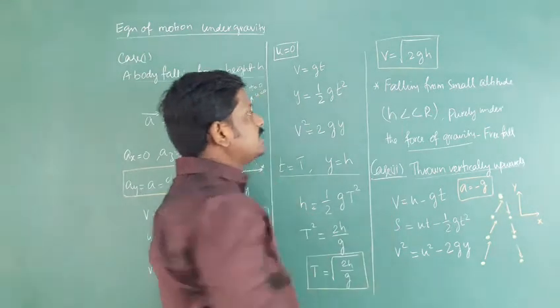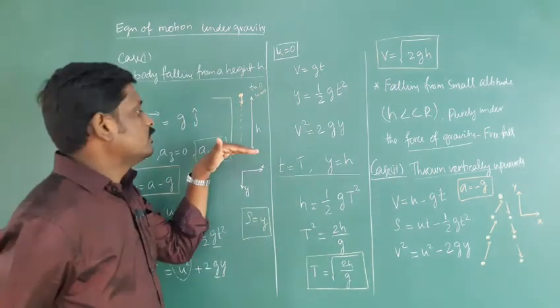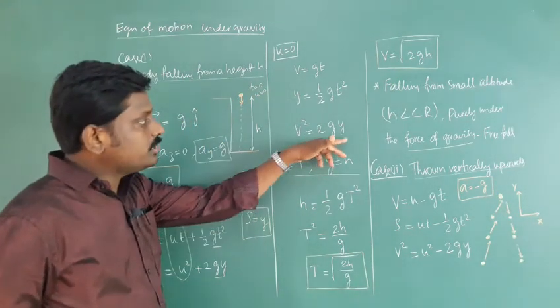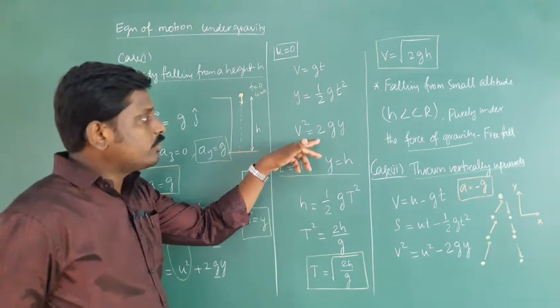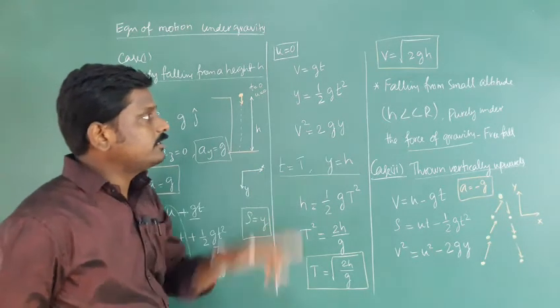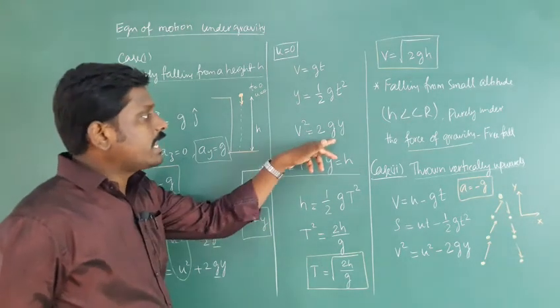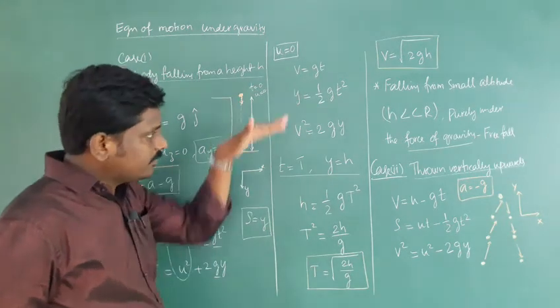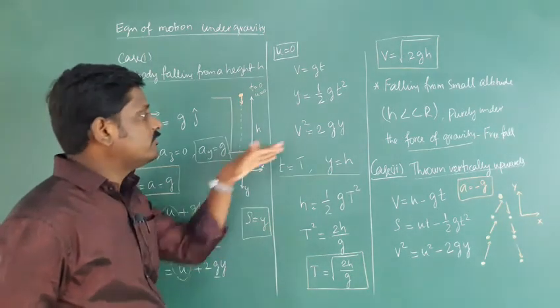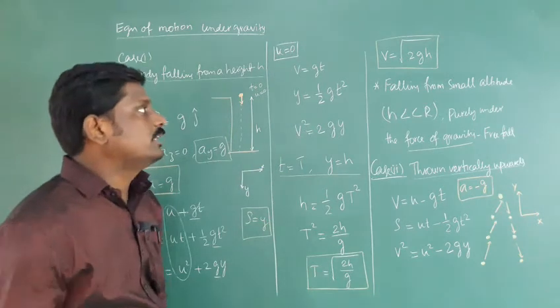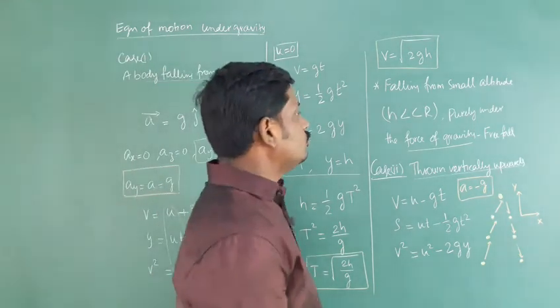Then at what velocity does it reach the ground? Here v square equal to 2gy, so v is equal to square root of 2gy, where y is equal to h. So if we know the acceleration due to gravity and the height it falls from, we can find at what velocity it reaches the ground. That is v is equal to square root of 2gh.